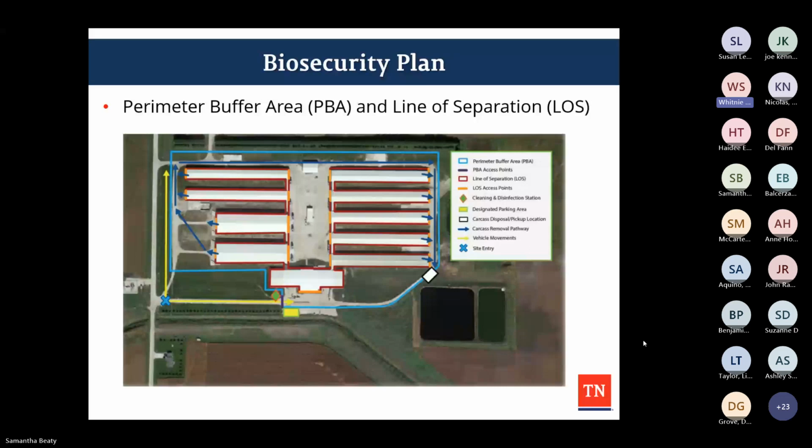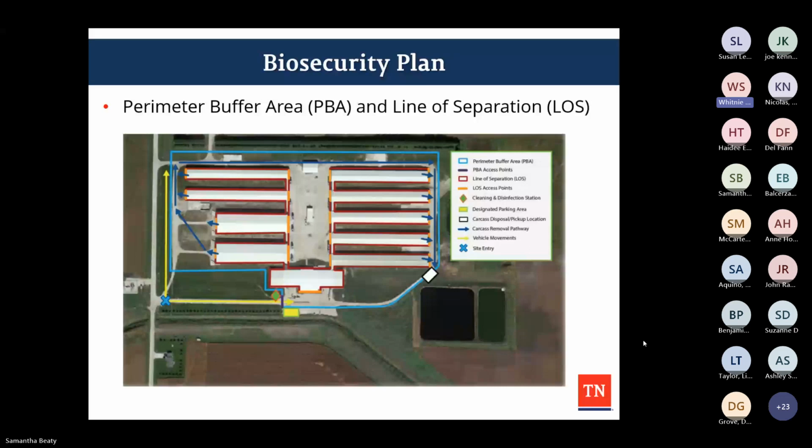Everything that goes in can only go in a certain way and only go out a certain way. So this is where you would have your specific entry procedures, whether it's a Dutch entry system, a foot bath, or PPE, changing clothes, whatever that looks like for that specific facility, this is where that would take place.